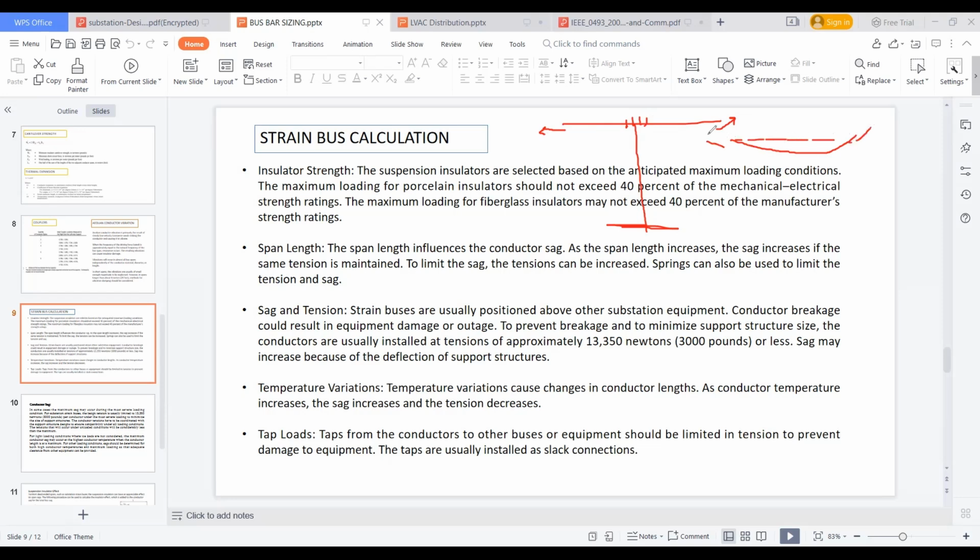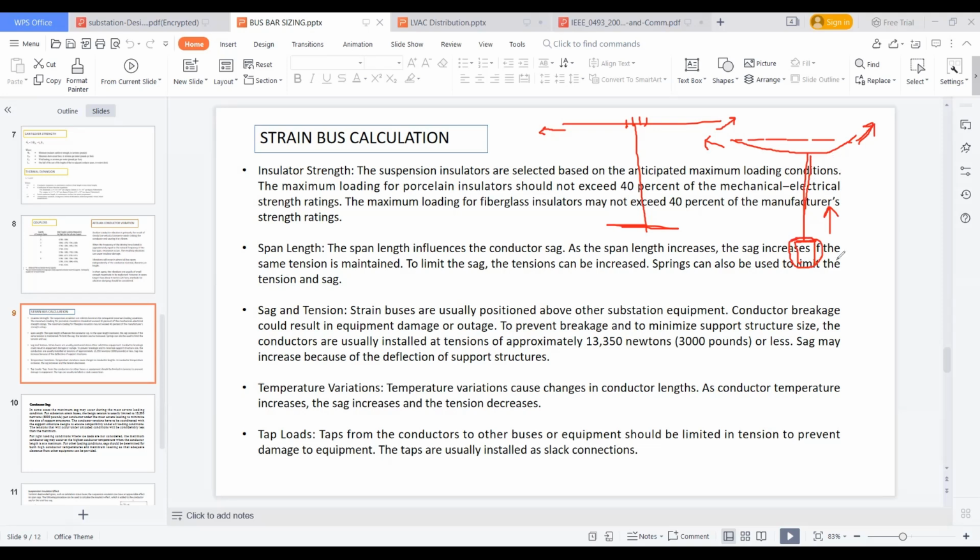So what will happen if I place some conductor here? The force now will act like this, right? This is the force of this tension, this is the force, and this is the force acting on the equipment. This one is connecting to the bus or any equipment. So due to the forces acting, the connector connected to this equipment may be damaged.